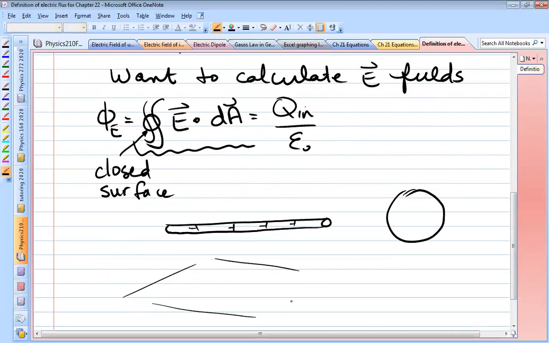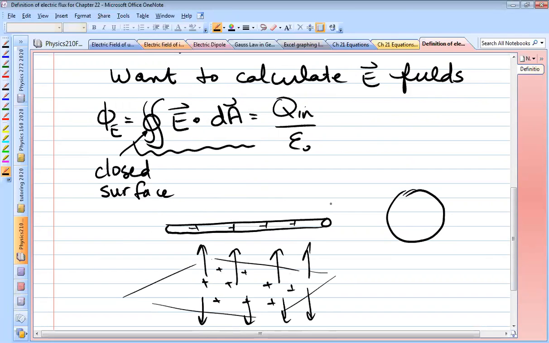And you'll understand why it has to be infinite. It's because we don't want any edge effects. We don't want any funny direction of electric field. We want everything to be beautifully symmetric and just straight out of this area, like this. No edge effects. It's an infinite sheet.